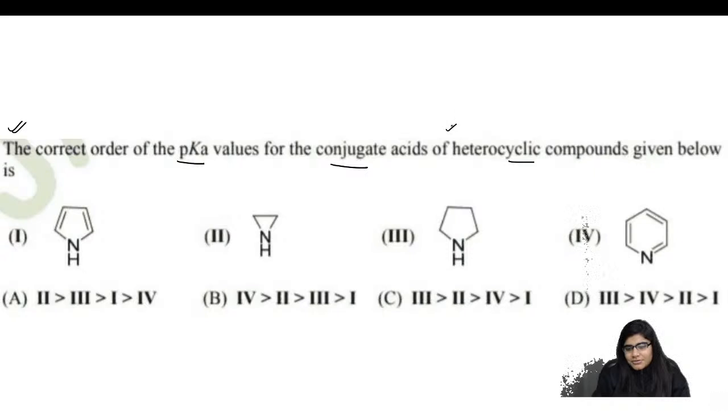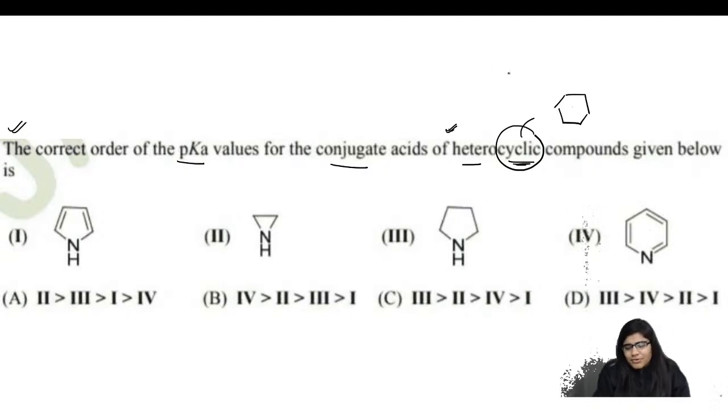What is a heterocyclic compound? From the name itself, if I break this compound in two halves, this is hetero and this is cyclic. Cyclic means it's a closed compound. This is not an open chain compound, it's a ring. So whenever you have a closed compound, and with this closed compound you have a heteroatom.